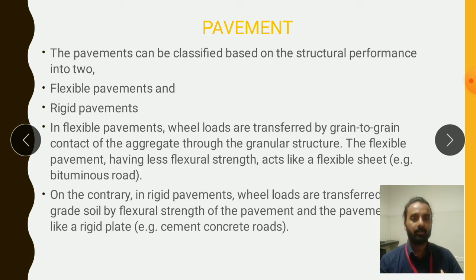On the contrary, in rigid pavement the wheel loads are transferred to the soil with the help of the flexural strength of the pavement, and it acts like a rigid slab, transferring the load directly to the soil.